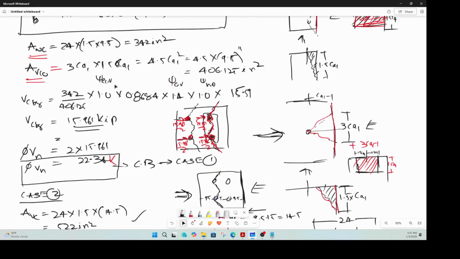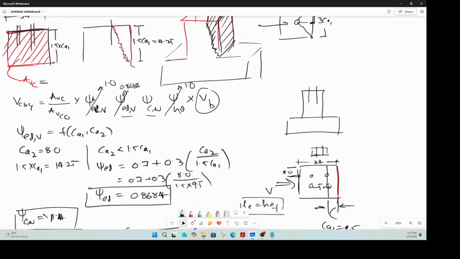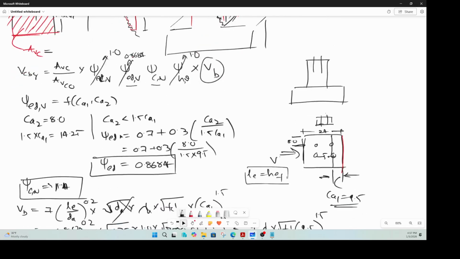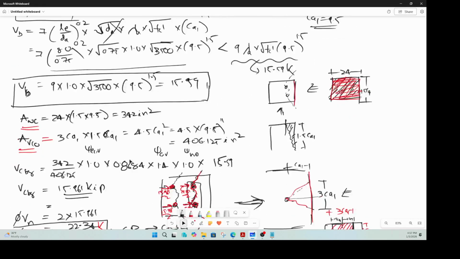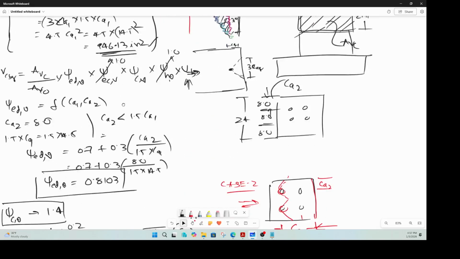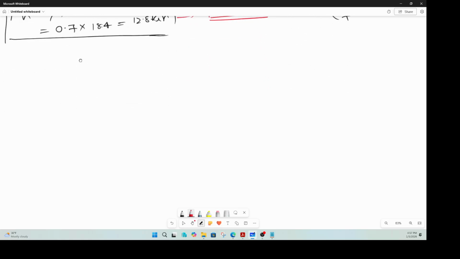If you go further back, you find that your shear strength from the steel point of view is 31, so 31 is greater than 23, and that is greater than the least value till now, 12.8. So at least till here, this governs, right? So keep that in mind, and we'll do one last check.